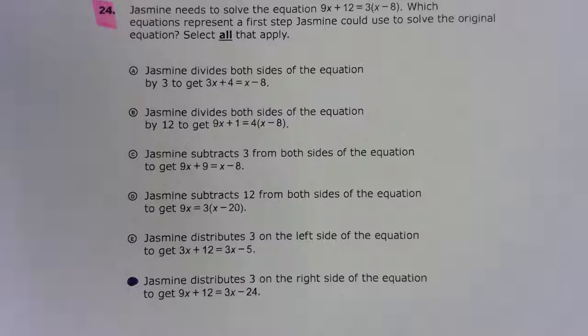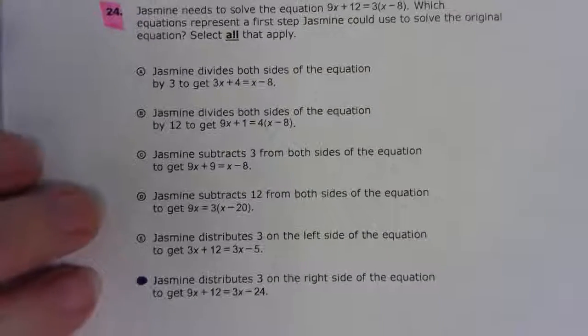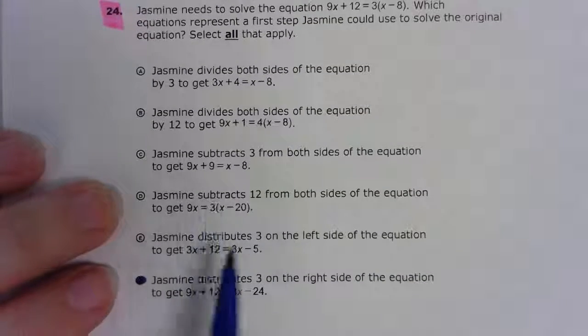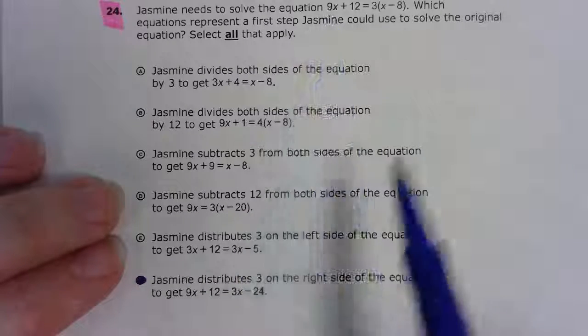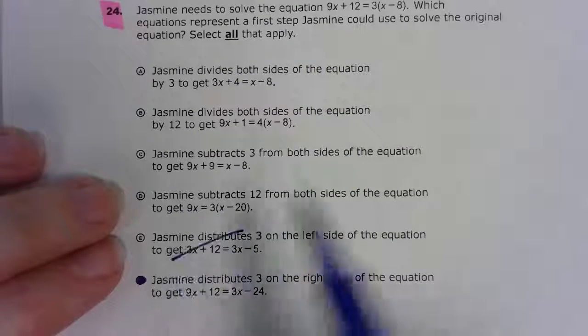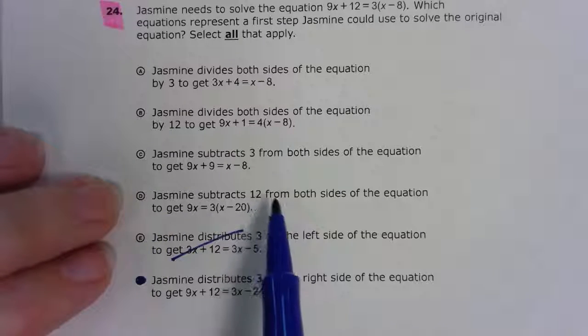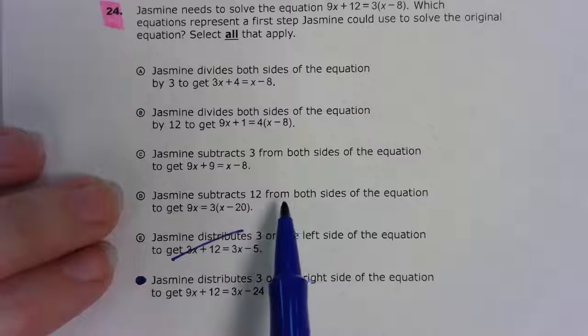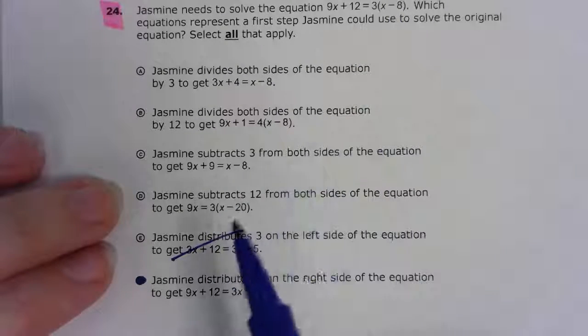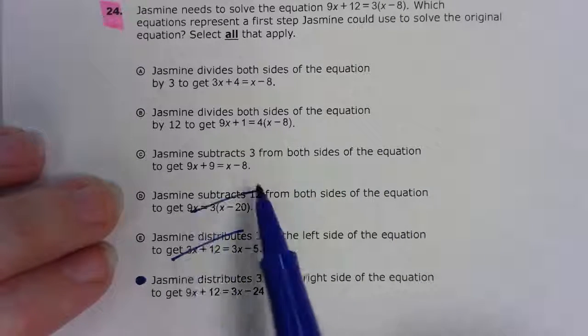Now it is a select all that applies, so we need to check all the other options to see which one is viable. Jasmine is not going to distribute 3 on the left side because there's no 3 to distribute on the left side. Subtracts 12 from both sides of the equation to get 9x equals 3 times x minus 20. I can't put the 12 inside those parentheses until I clear up that multiplication.